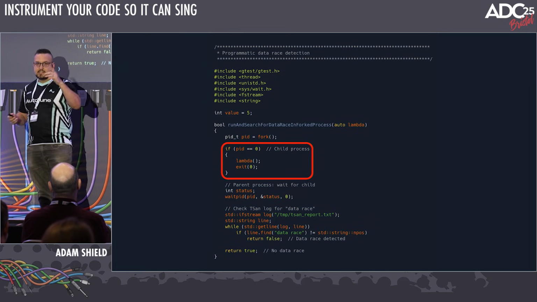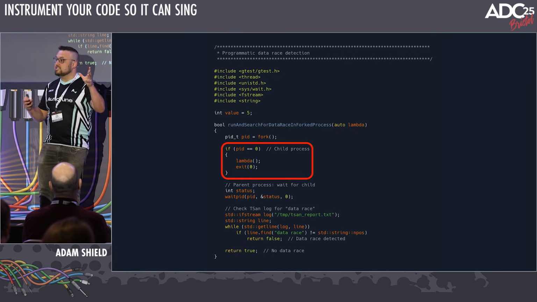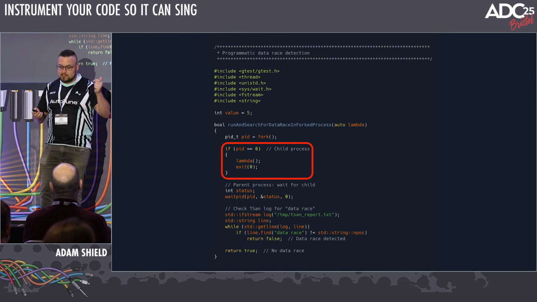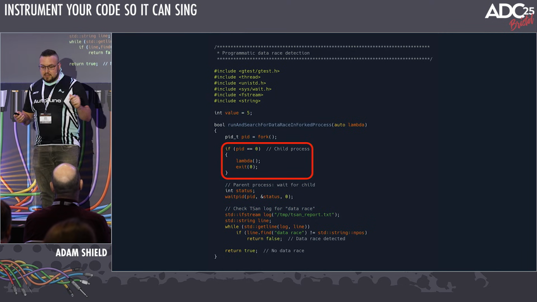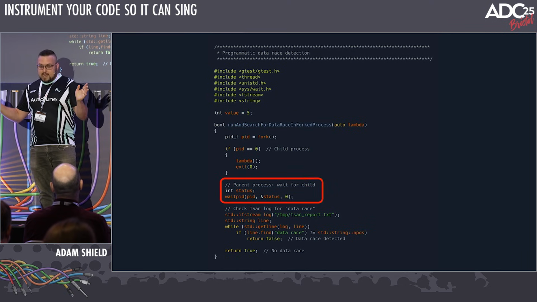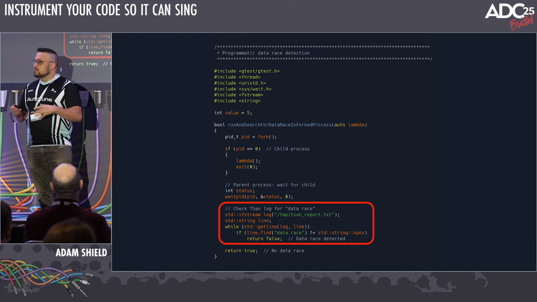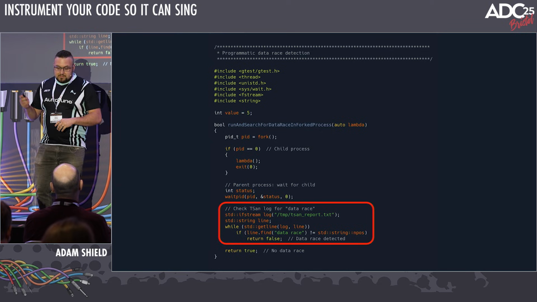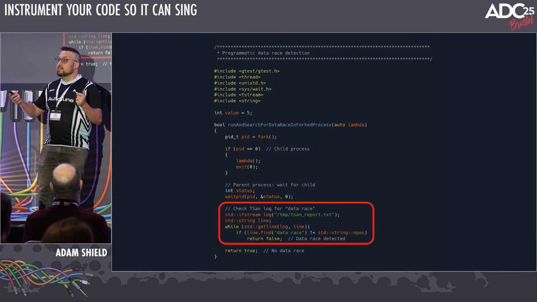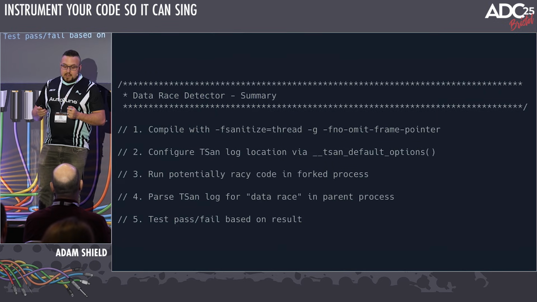When it exits, if thread sanitizer caught anything bad, it will write that log. We know where we wrote that log. The parent can just wait for that to happen, and then look at that log and find was there a data race, and then you can pass or fail your test based on that.